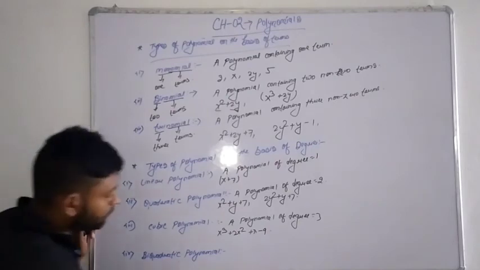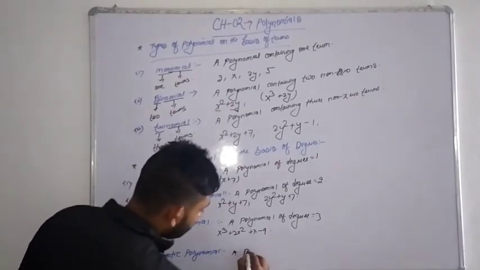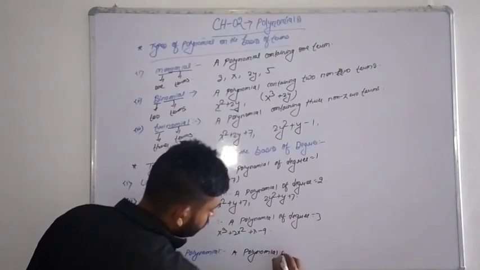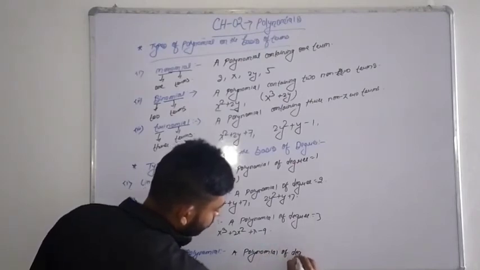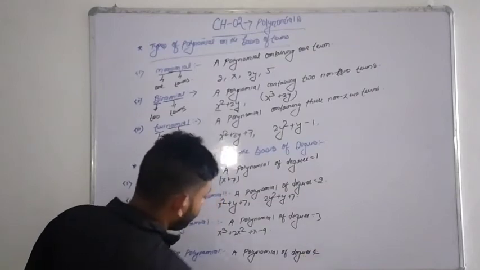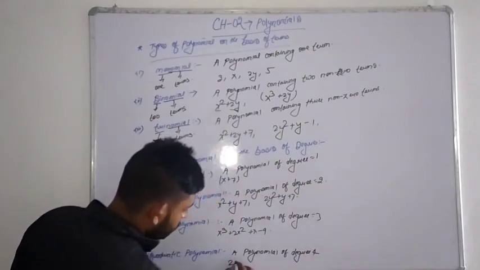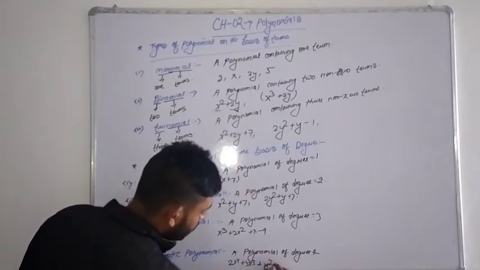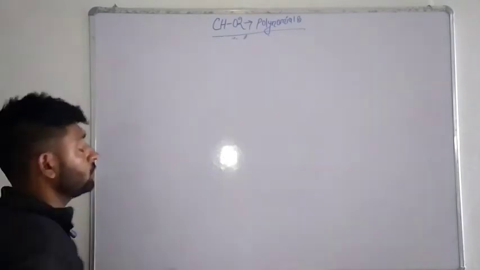And biquadratic polynomial: a polynomial of degree 4, for example 2x to the power 4 plus 3x cube plus y square plus 7.